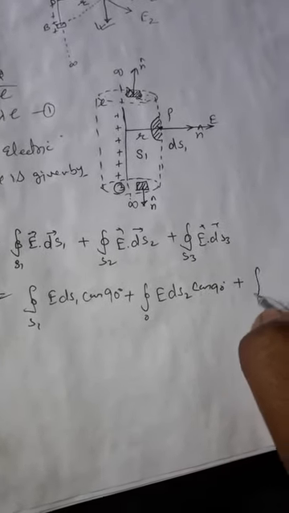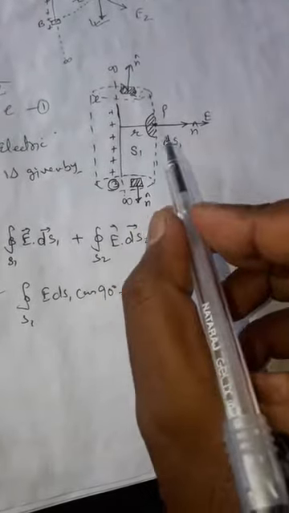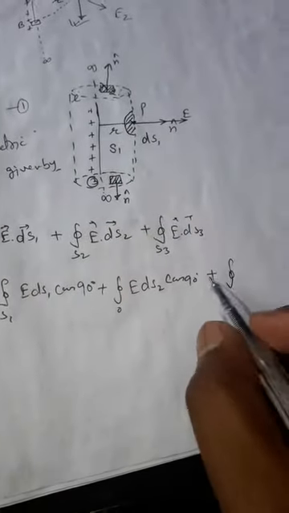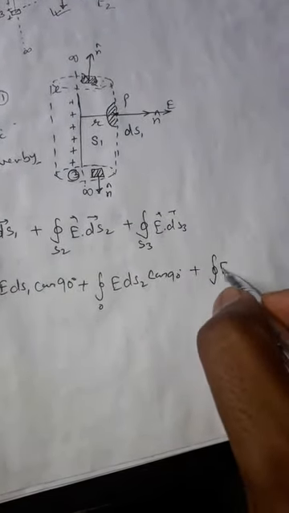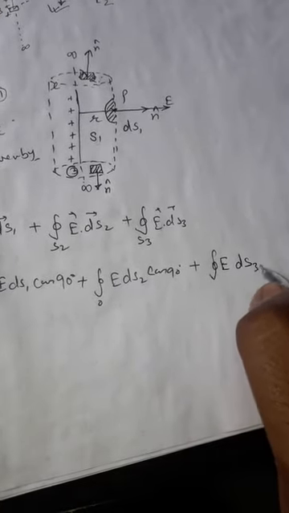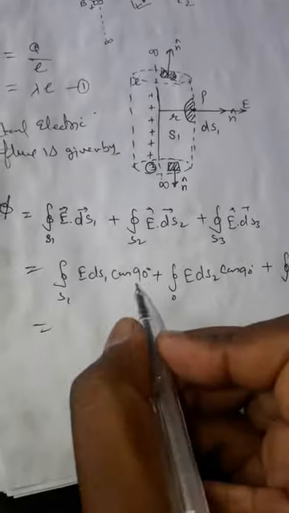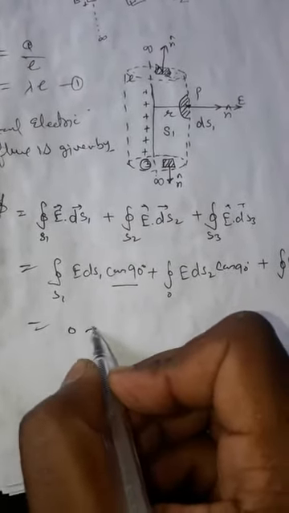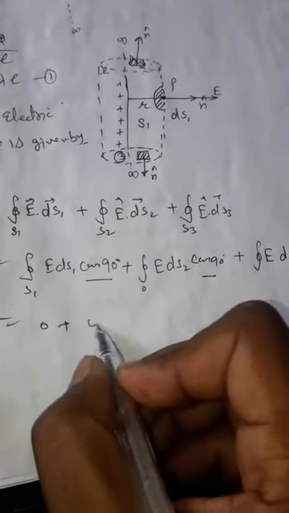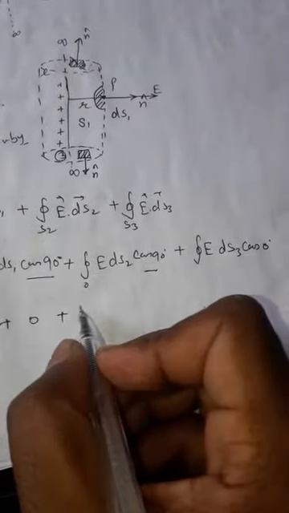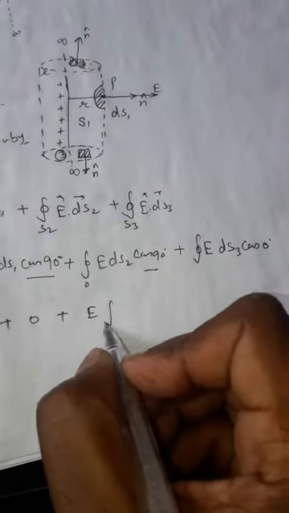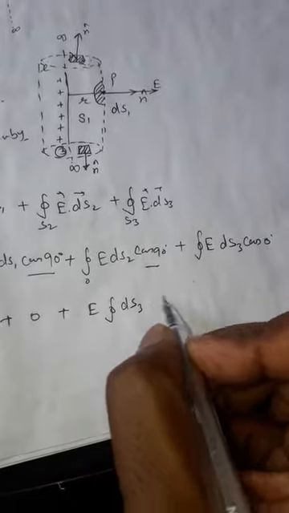For the third one, the electric field and normal have the same direction, so the angle between them is 0, so we can write E ds3 cos 0. Now this becomes 0 plus, similarly cos 90 is 0, plus the remaining E integral of ds3.